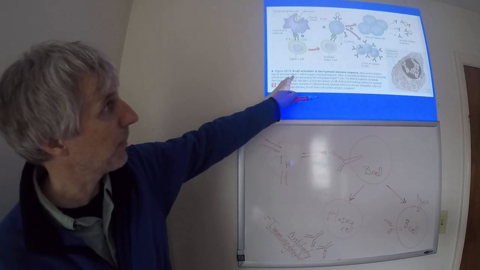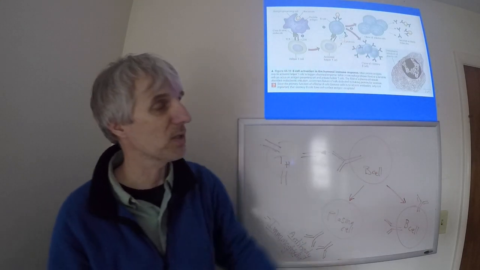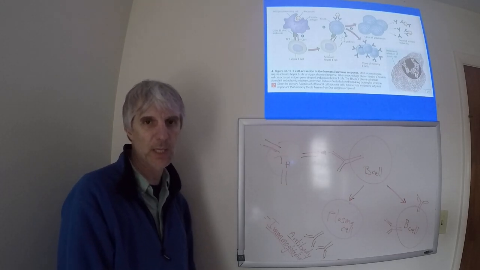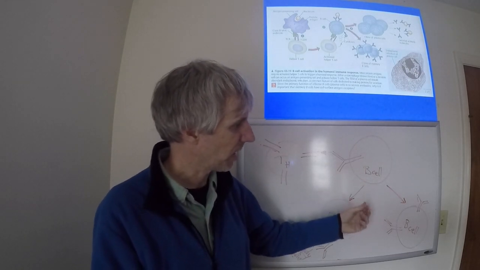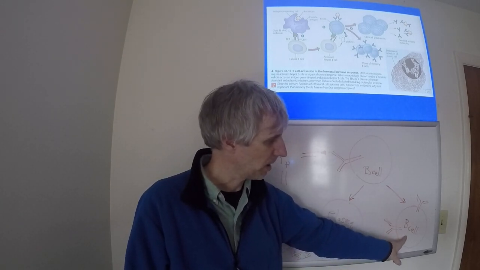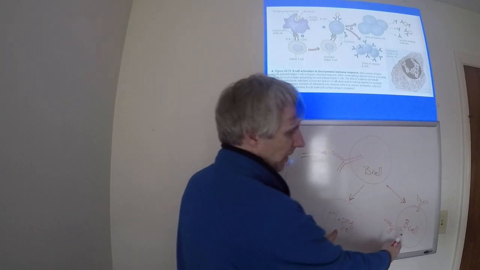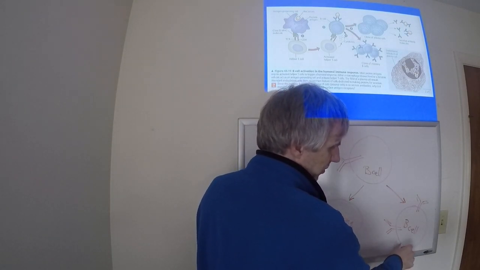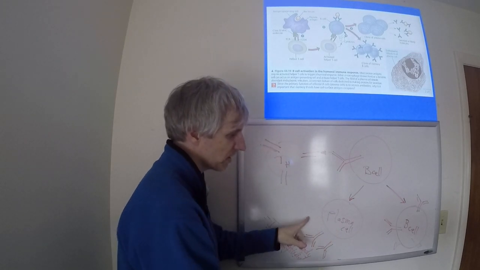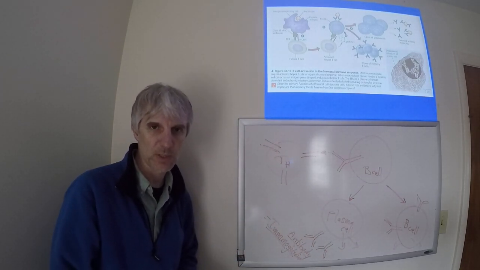It was picked up by a helper T cell that eventually found a B cell that recognized that peptide. That B cell then went through a mitotic event to produce a B cell here and a plasma cell, and then this B cell will go through cell division to produce more B cells. This one goes through cell division to produce more plasma cells.